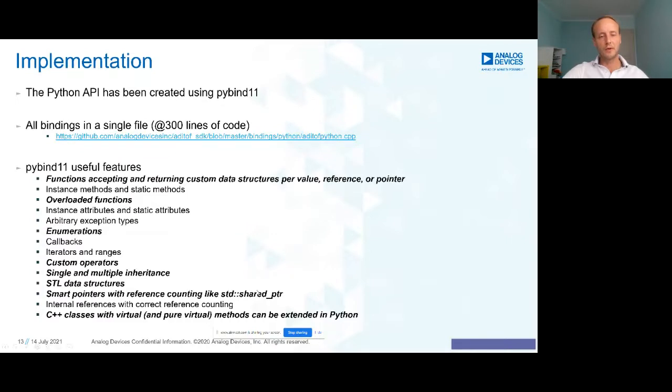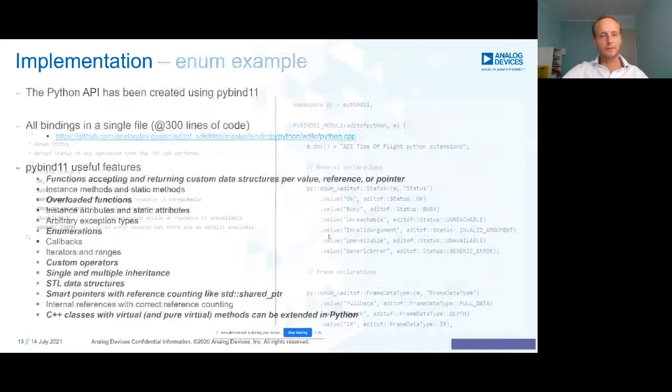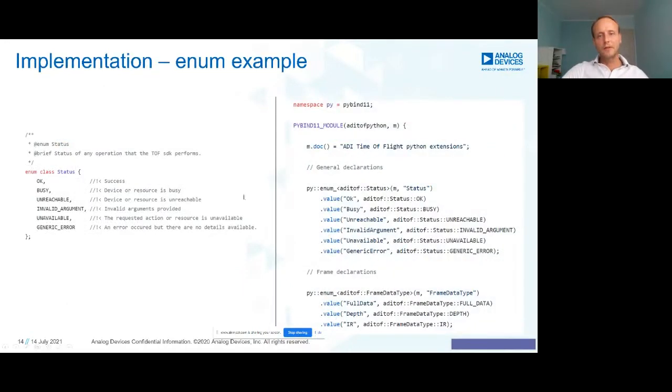So these are quite a few useful features that we did use when implementing the Python bindings for our SDK. And here are just a few examples of how we did things. So for example, this is how a status class was implemented in Python.